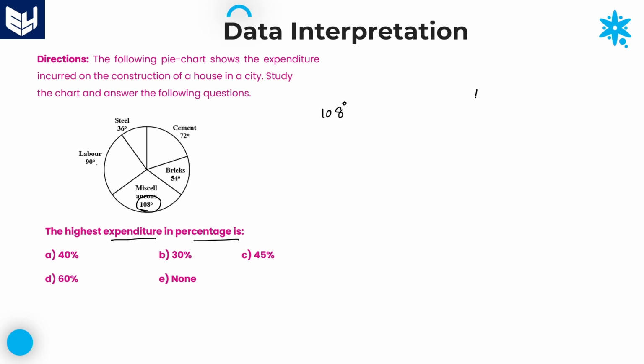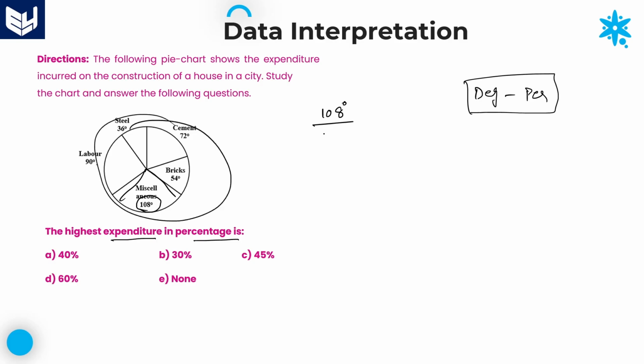Just now I told you how to convert degrees to percentage. See here, 108 degrees is nothing but this particular portion, which has 108 degrees out of a total of 360 degrees.